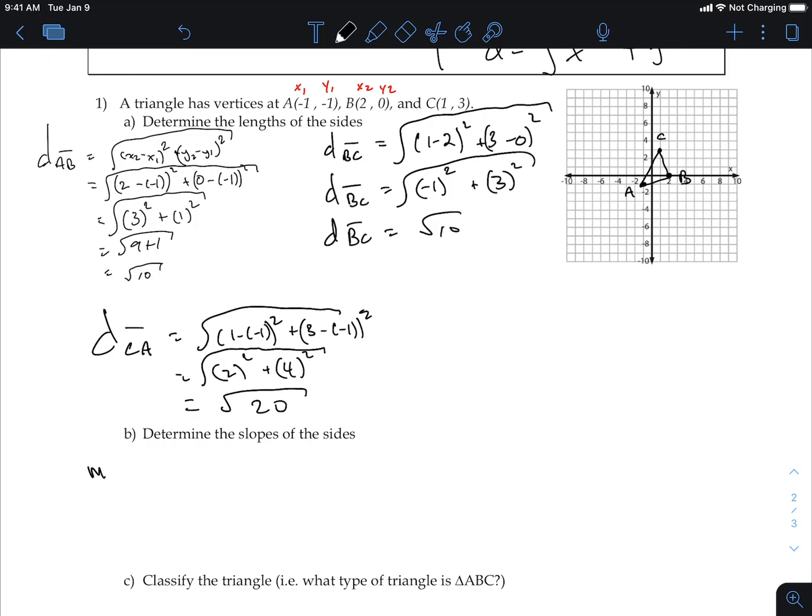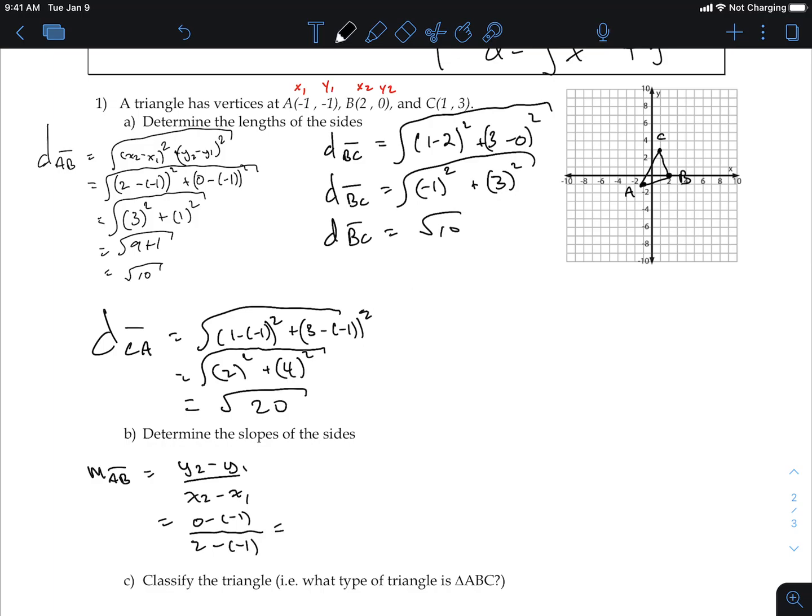Let's find the slope of AB. Remember, the slope is always y2 minus y1 over x2 minus x1. AB should be 0 minus negative 1 over 2 minus negative 1.